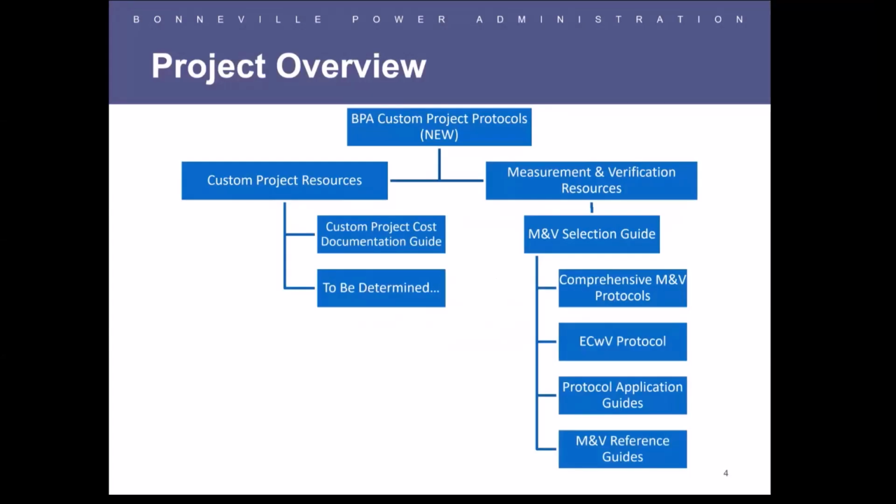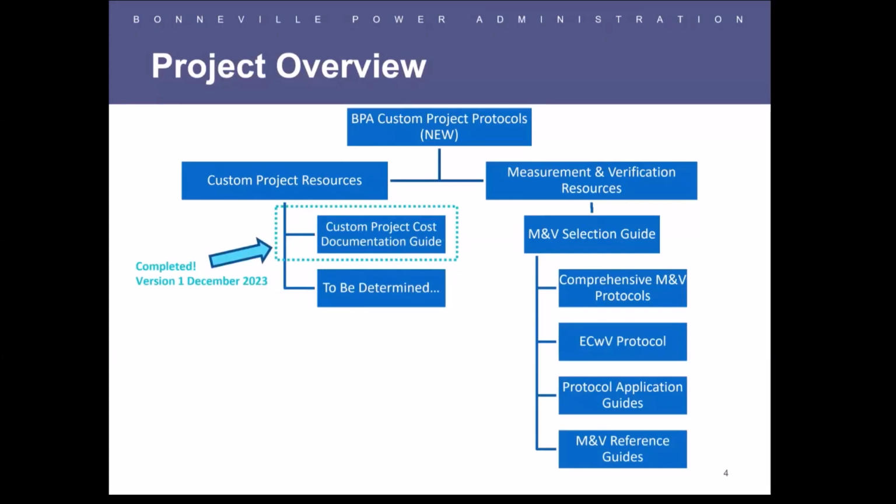So this is kind of an overview for those of you following along. We've revised and created this structure here of the BPA custom project protocols and broken that out into two columns. The custom project resources includes the custom project cost documentation guide.